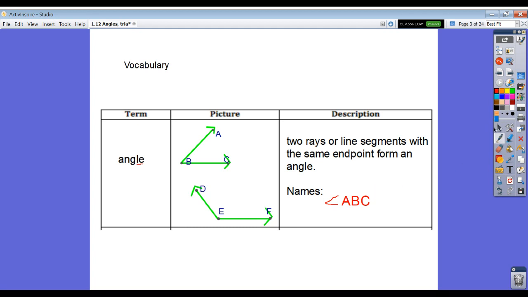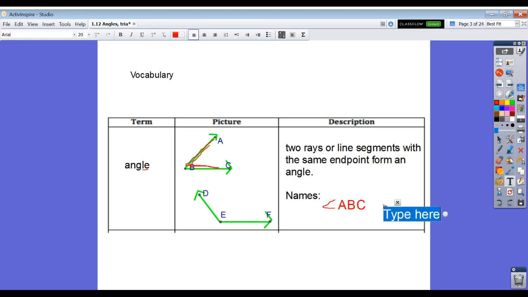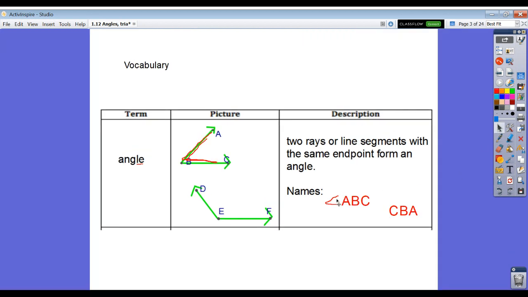We could also call it, if I traced it, I would go from A to B to C, and I'm capturing the angle. We could also go backwards from C to B to A. So that's another possible name, CBA. And then I'm going to pick my angle symbol again.